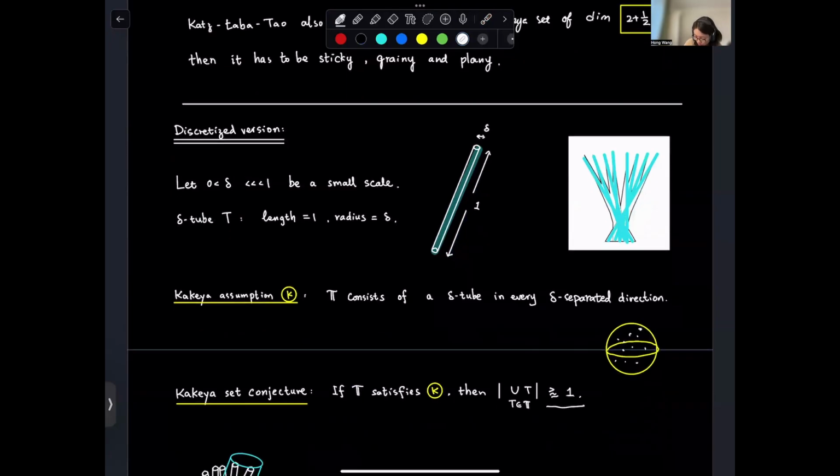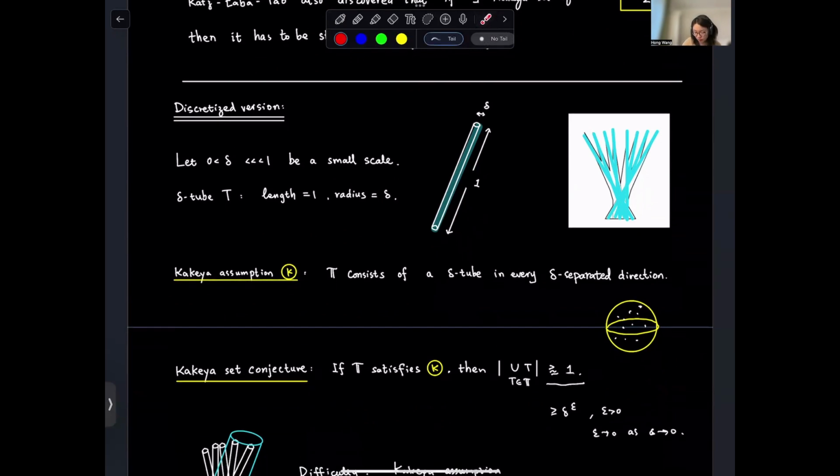This notation means greater than delta to the epsilon, and epsilon goes to 0 as delta goes to 0. Because of Besicovitch construction, it cannot be literally greater or equal than 1, because this quantity could go to 0. So we use this greater approximate to denote this meaning.